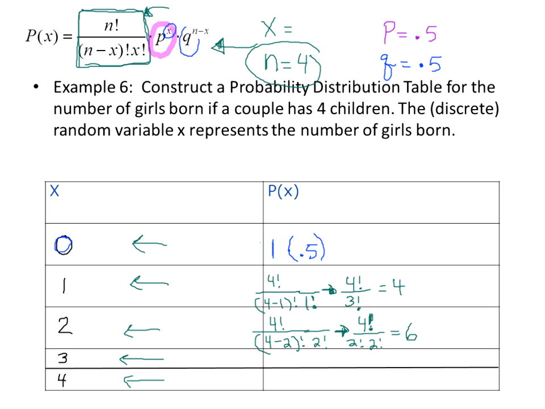So how many girls do we have here? We have 0 girls, so the exponent is 0. And then Q is 0.5. That's the probability of a failure. Well, here we don't have any girls. We have all boys. So that means 4 are boys, so 4 would go here. So the number in front does the counting for us.